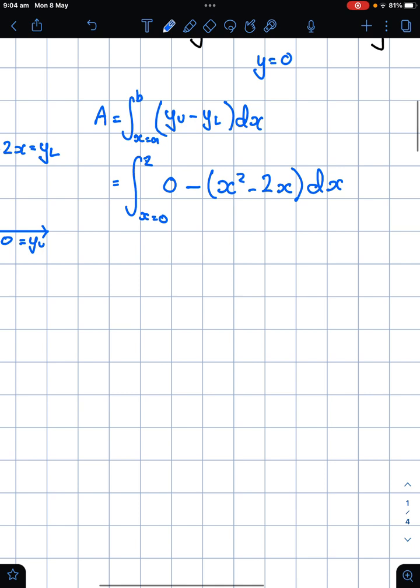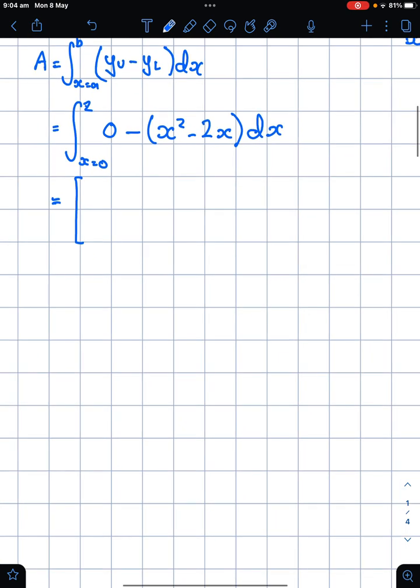So now this is a definite integral. Our next step is we're going to put these boxes here. The integral of 0 is 0. And so then we've got minus, and we're going to have x cubed over 3. I should have expanded this first, I think.